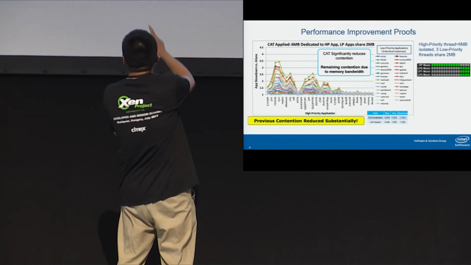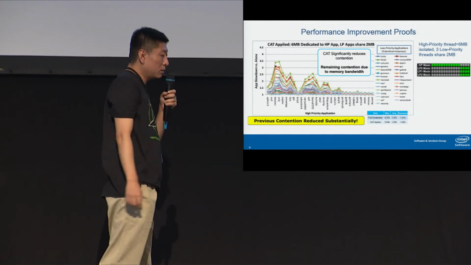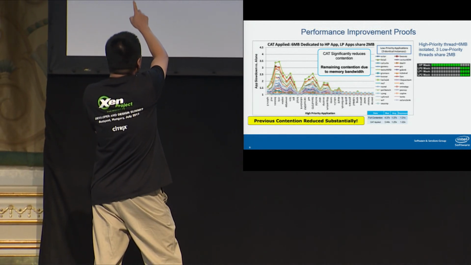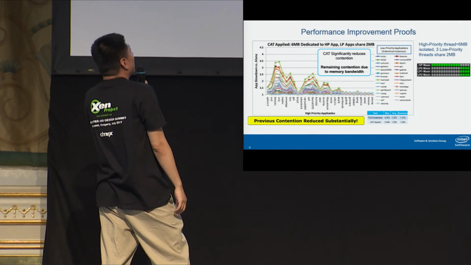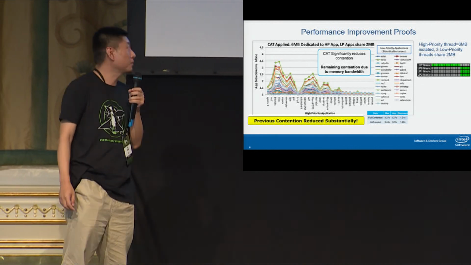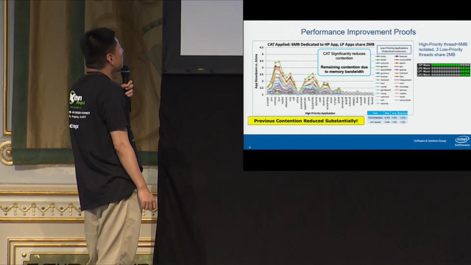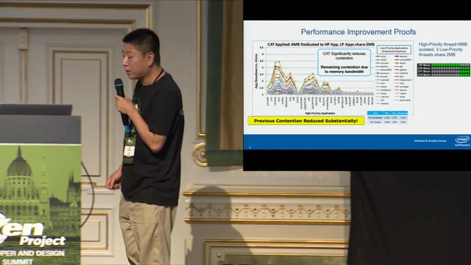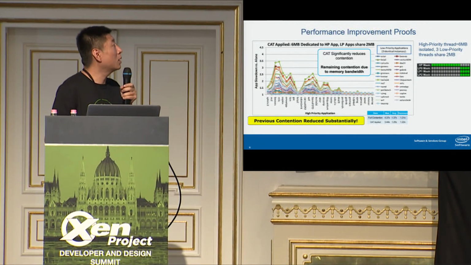You can see that for Sphinx 3, the performance downgrade is reduced to 1.5 when running together with Leslie 3D, where previously the downgrade was 4.5 times. This is a significant improvement. For now, these RDT features have been adopted by many companies like Google and Alibaba.